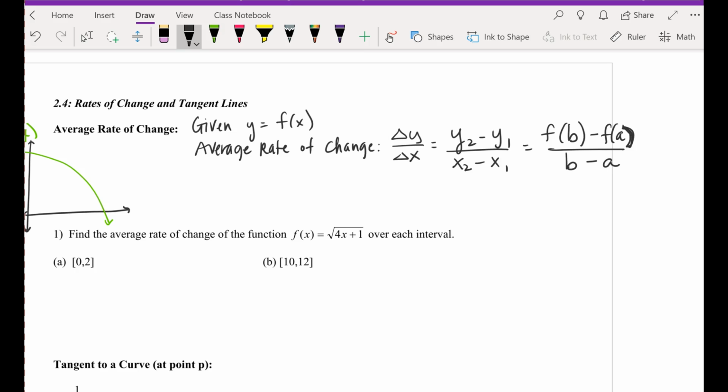Now the average rate of change is also known as the slope of the secant line.